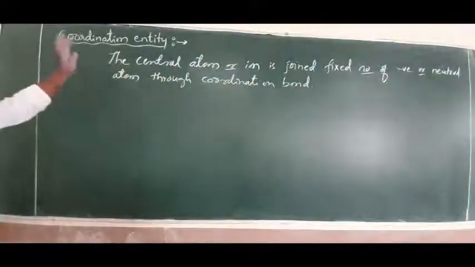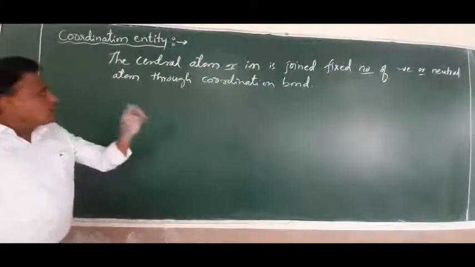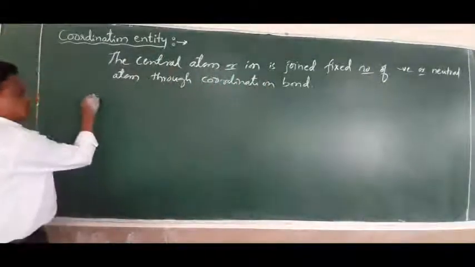I repeat, the central atom or ion joined to a fixed number of negative or neutral atoms through coordinate bonds is called a coordination entity. Remember, it is very simple.